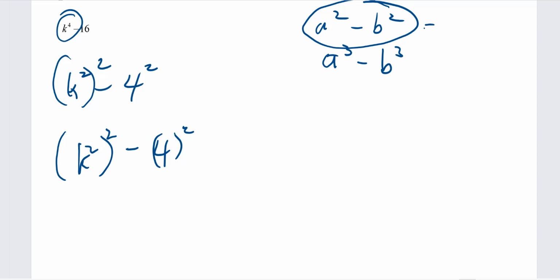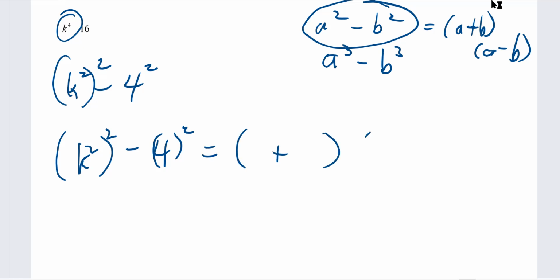Again, that formula says the answer is a minus b times a plus b, which, by the way, the order doesn't matter. You could say a plus b times a minus b. It's saying the same thing. Either way is fine. So this is equal to the two things added times the two things subtracted.